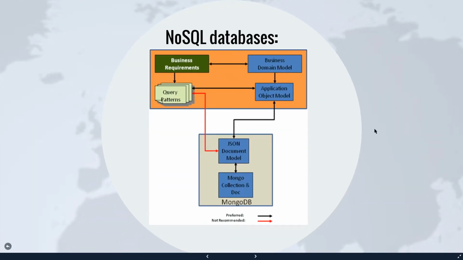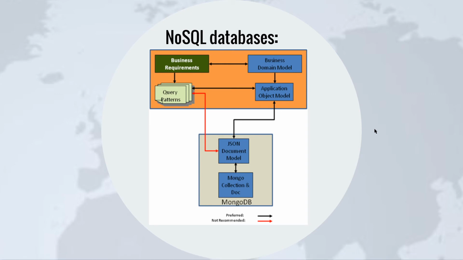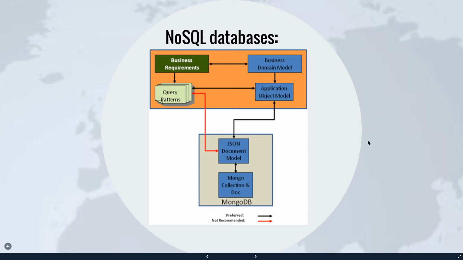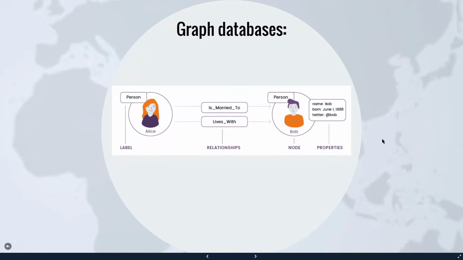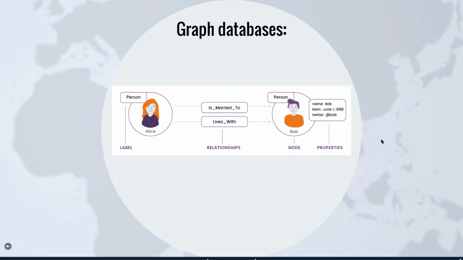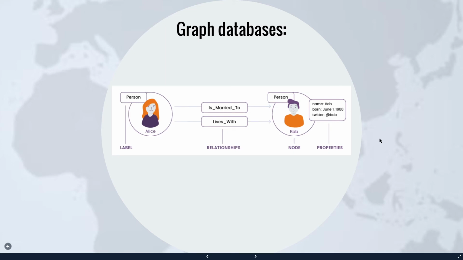NoSQL databases, or non-relational databases, allow unstructured and semi-structured data to be stored and manipulated. Graph databases: a graph database stores data in terms of entities and the relationships between entities.